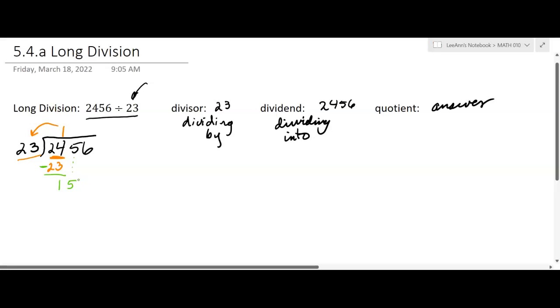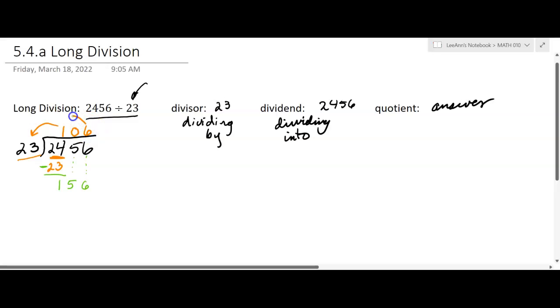Now, we want to say, how many times does 23 go into 15? Well, it doesn't. It's too small. So we're going to put a 0 there because we need a placeholder, right? And then we're going to bring down the next number. Okay, and so we're going to say 23 into 156. I think it's going to go 6 times.